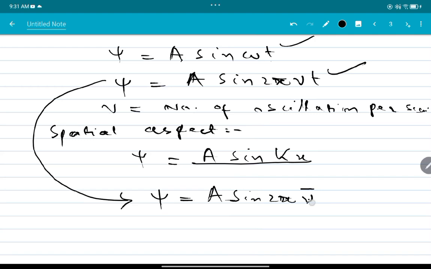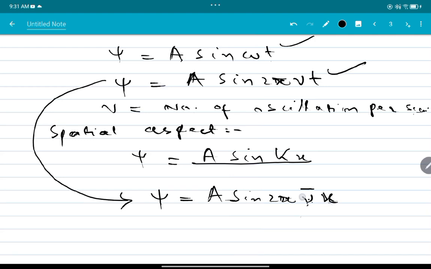There you have per unit time, here you have per unit length. And lastly, here I have the variable time, and here I will have the variable position. So this is the whole expression for sinusoidal spatial variation that I copied from the sinusoidal temporal variation.